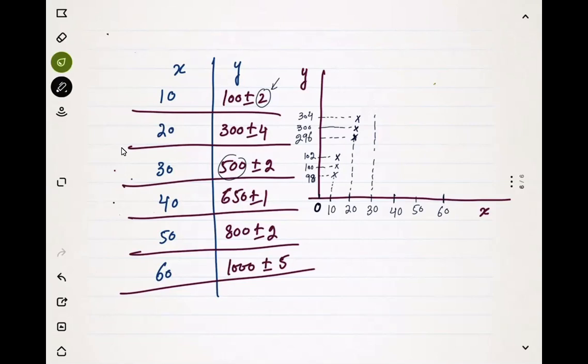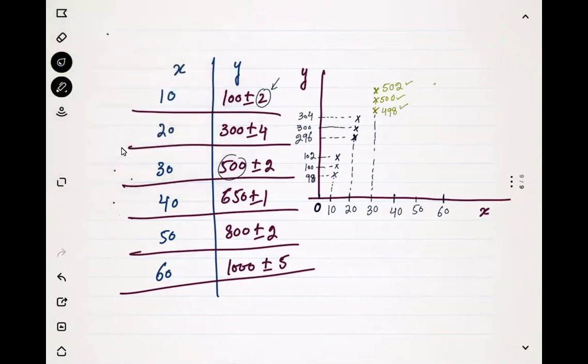At 30, we have 500. Then we have 502. Then we have 498. These are the 3 points at 30.